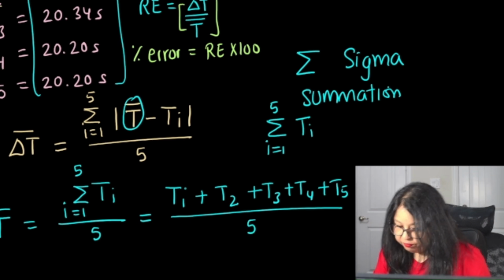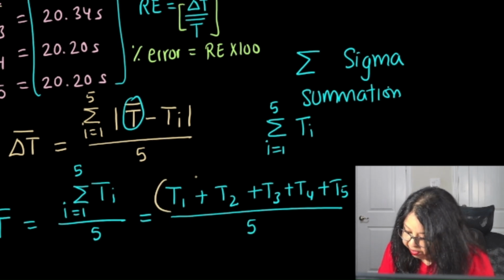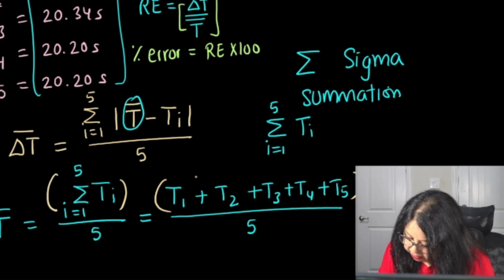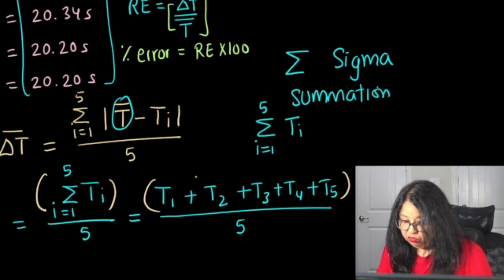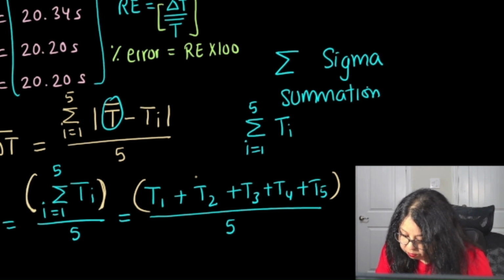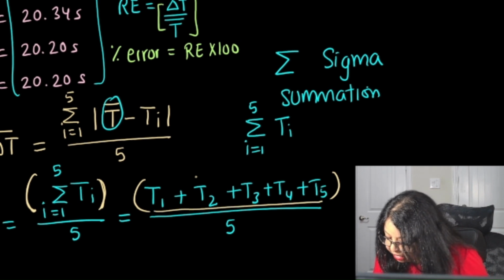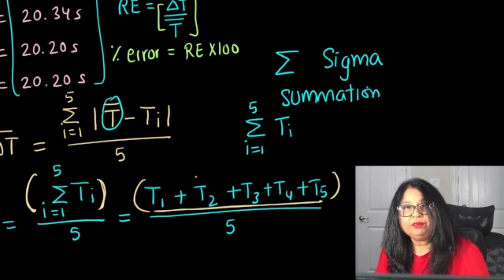Divide all that by 5. So the numerator here is just a short form to write this entire sum of 5 terms.